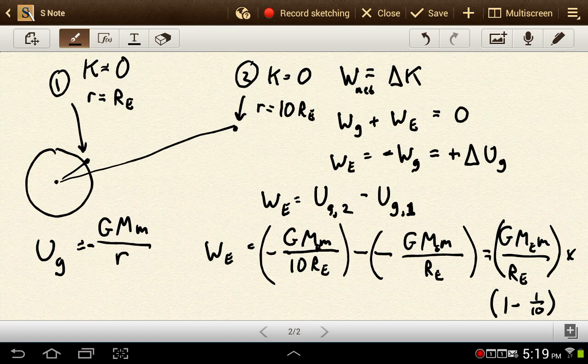Then we divide that by the radius of the Earth, which is 6371100 meters, and then that all gets multiplied by 9/10. That gives the work, which is 2.25. So work done by the engines is going to be 2.25 times 10 to the 13th joules.